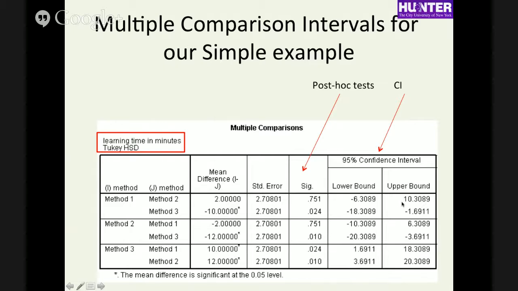So everywhere that the confidence interval includes 0, there might not be a difference. But if that confidence interval does not include 0, like in the second row, then we think that this difference in means that we observed is not consistent with the null hypothesis.